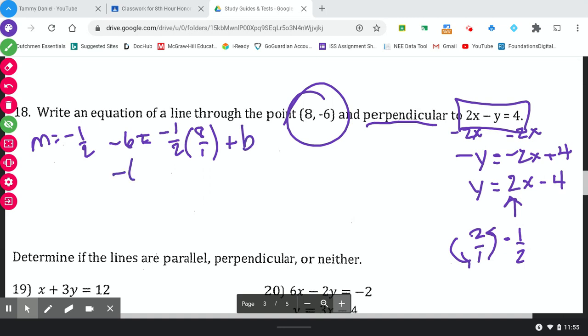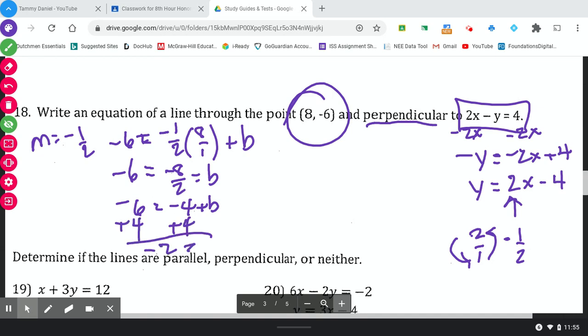So negative 6 equals negative 8 over 2, which is negative 6 equals negative 4 plus b. Add 4 to both sides, and b is going to be a negative 2. So if b is negative 2 and m is negative 1/2, the equation of our line is y equals negative 1/2 x minus 2.